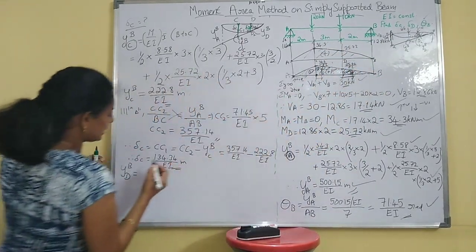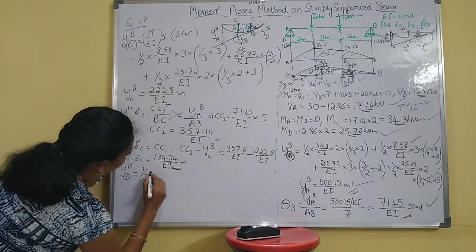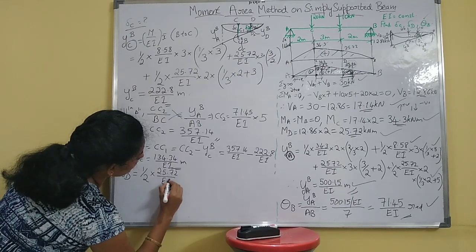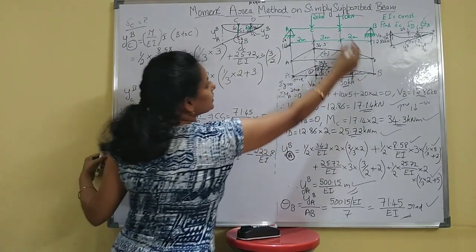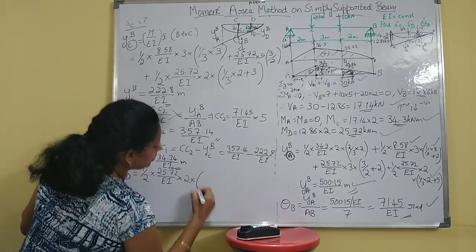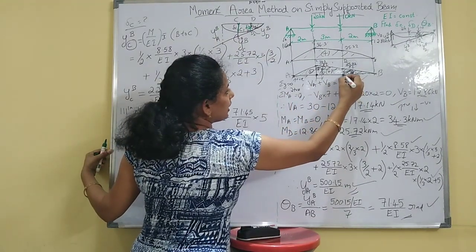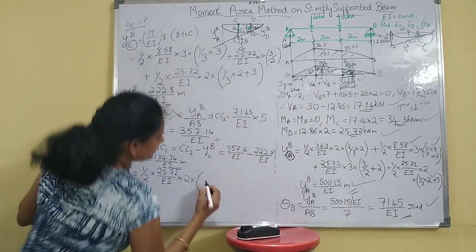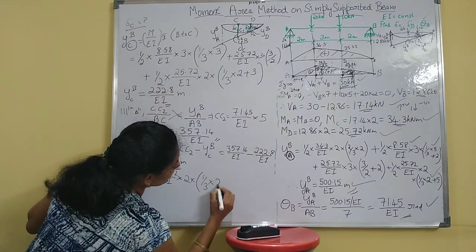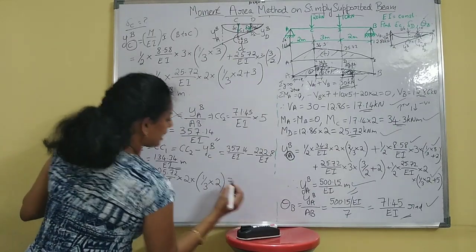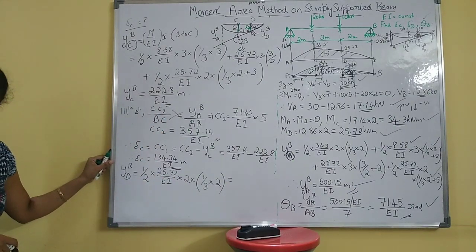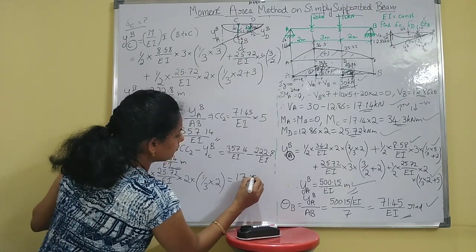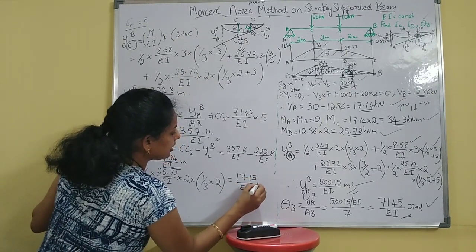D2B is just that triangle, that is half into 25.72 by EI into distance is 2 meter, and with respect to D, so here this is nothing but this region, that is 1/3 of 2. Let's calculate. You have 17.15 by EI meters.